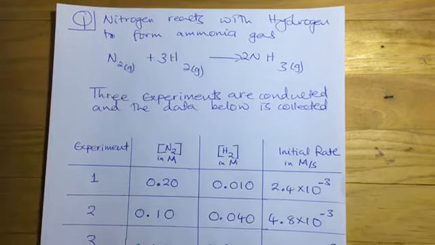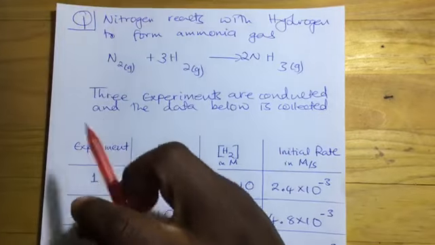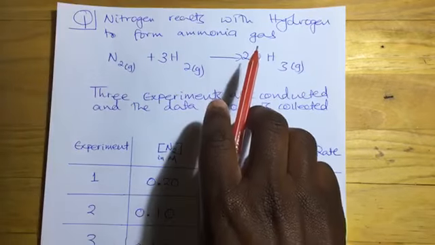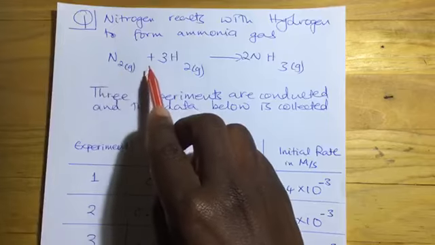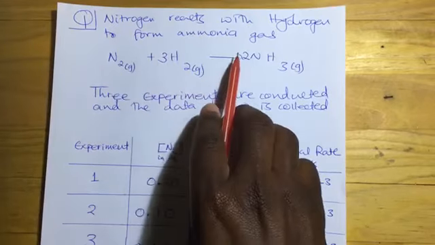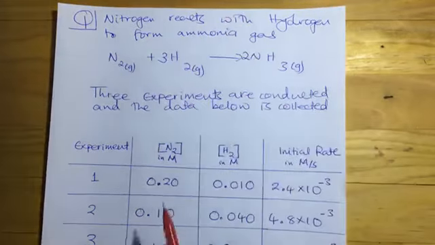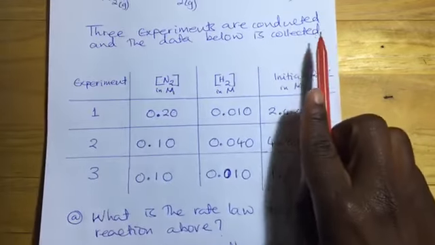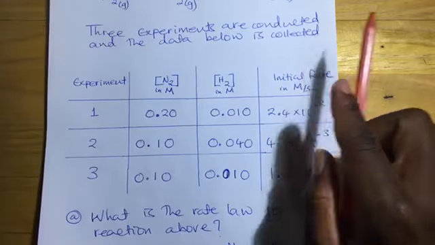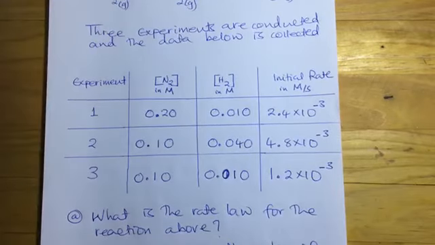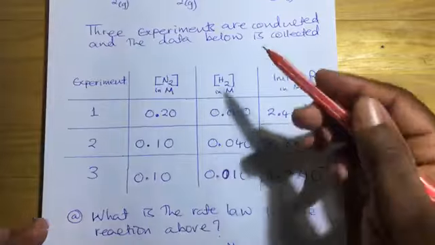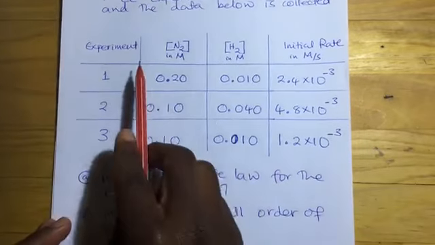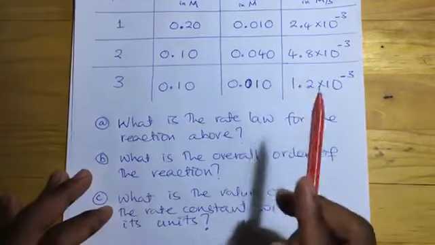And we are fortunate enough to be given an equation, N2 plus 3H2 yields 2NH3. 3 experiments are conducted and the data below is collected. So we are doing all this in order to find what X and Y are. So this is experiment 1, that's the data that has been given, and so on.